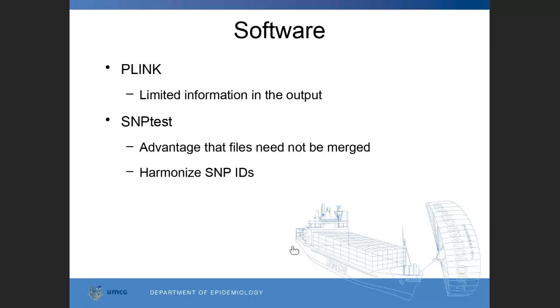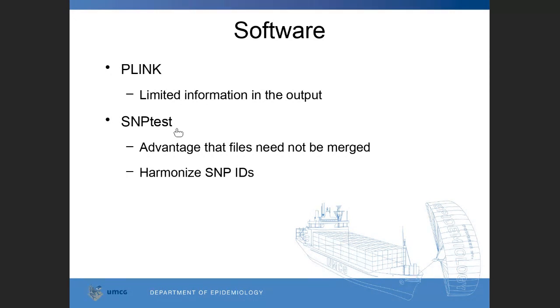So then, because we advise to use only unrelated individuals, you could use Plink for the analysis. But the limitation of Plink is that I find that there is only limited information in the outputs that Plink gives. So there's another package, Snptest, that also could be used.